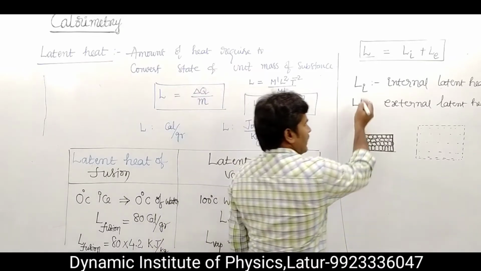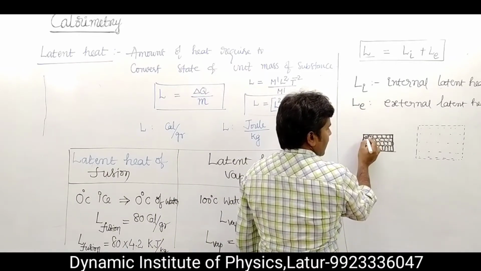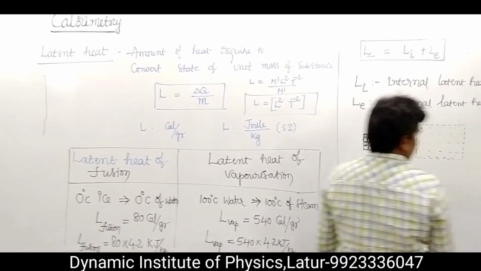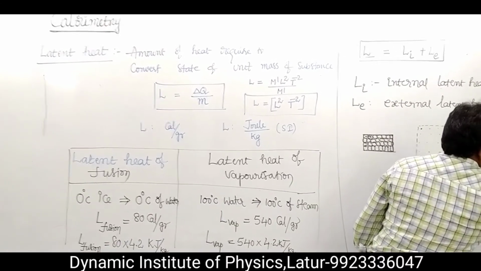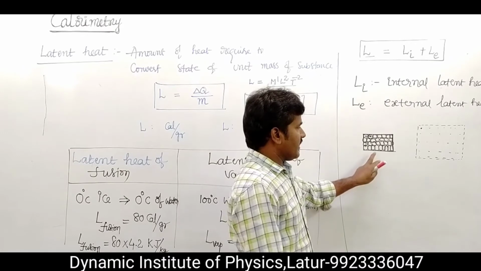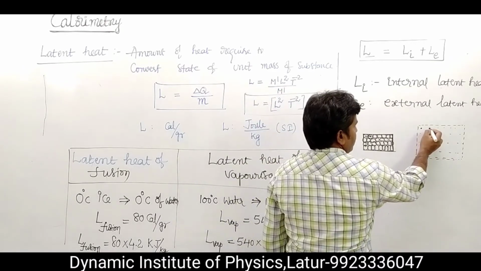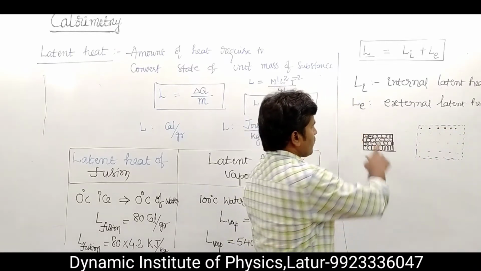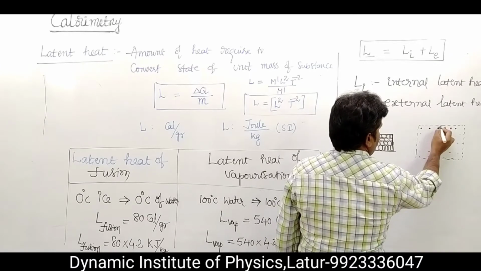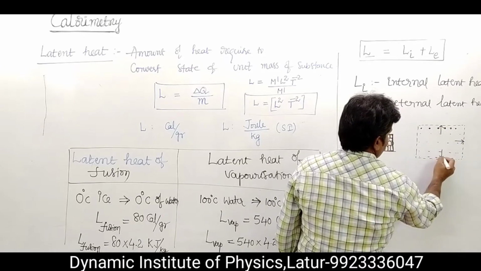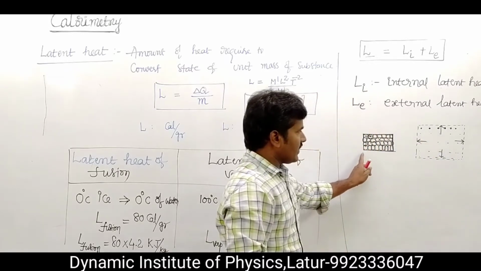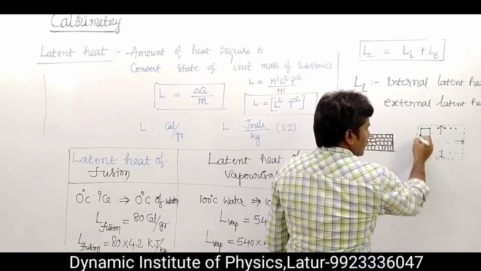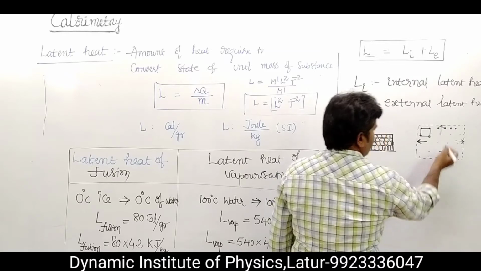That means the internal latent heat is used to increase the intermolecular separation, and the external latent heat is used to do work against the atmospheric pressure.